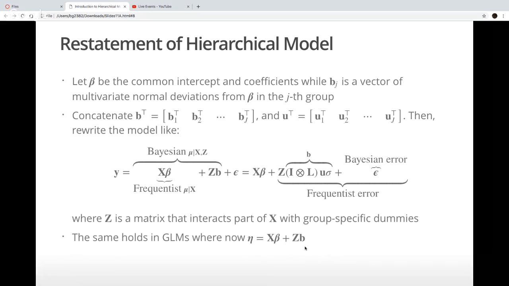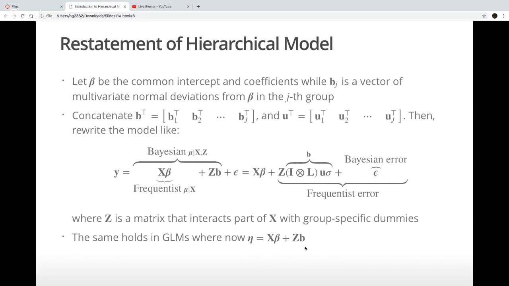If we were to think about this from a frequentist perspective, they consider the conditional mean to just be X times beta. So not conditional on Z, just conditional on X. And you might ask, what happens to Z?